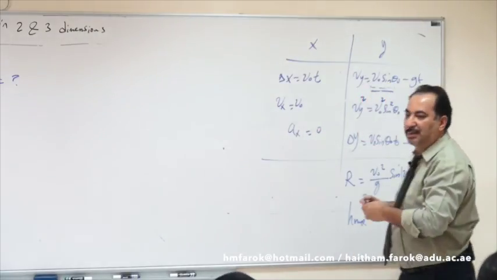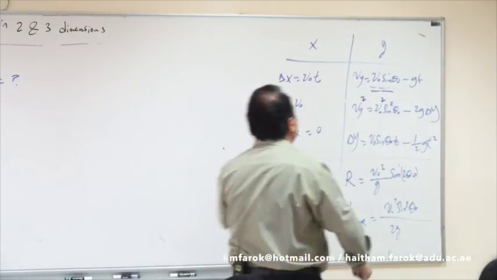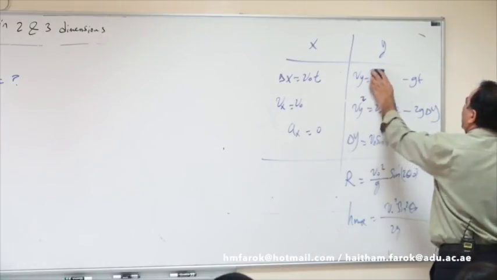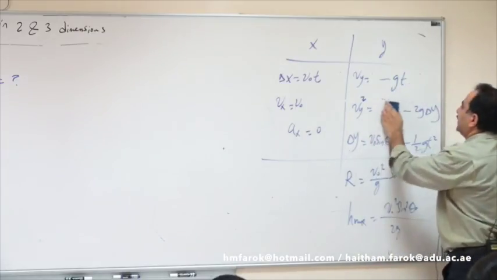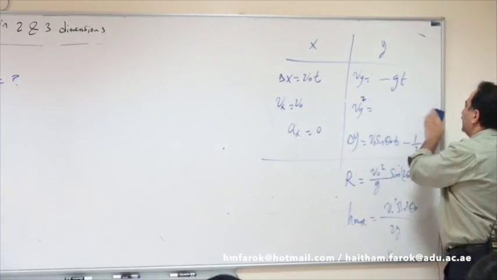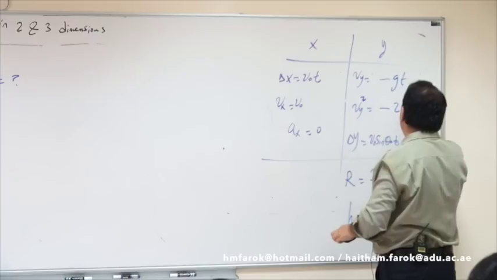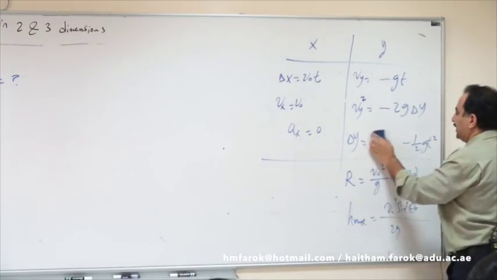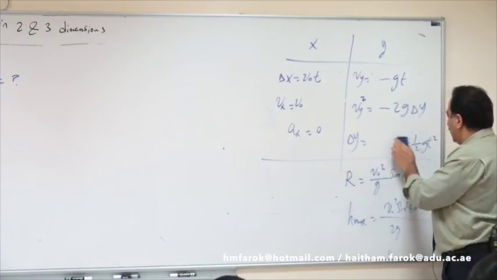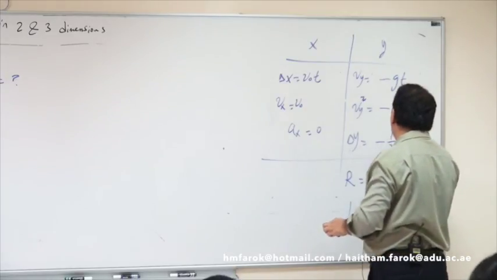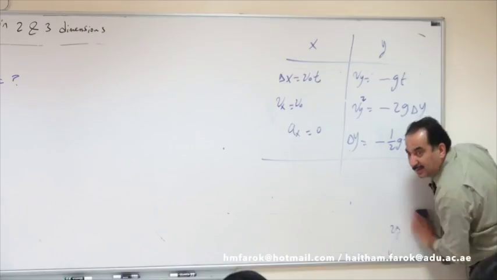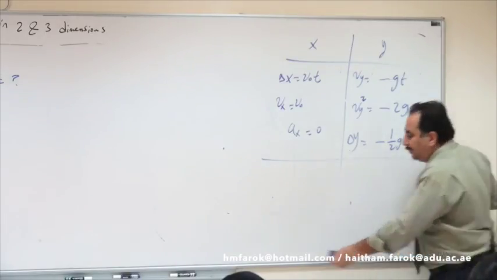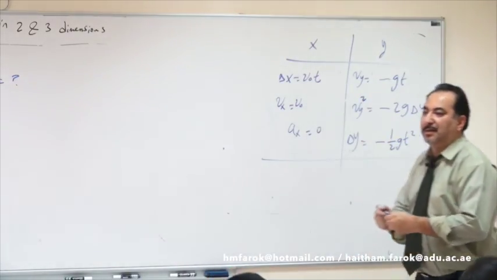Here what happens? This will disappear. It becomes minus gt. This one disappears. It becomes minus 2g. And this one will disappear because sine 0 is 0. And you'll have minus. And what else disappears? Those two equations. Right.